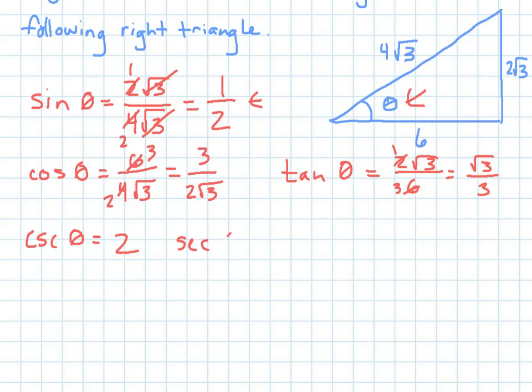Secant is the reciprocal of cosine, so it's 2 over square root of 3 over 3. And then cotangent is the reciprocal of tangent, so we flip that around and get 3 over square root of 3. Okay? So that's how you would write your 6 trigonometric ratios given a triangle. Okay? Have fun.